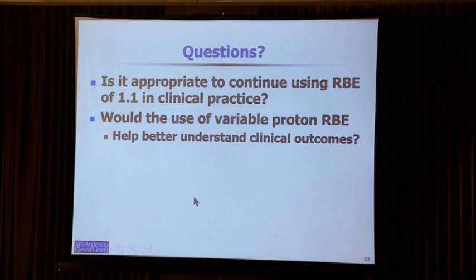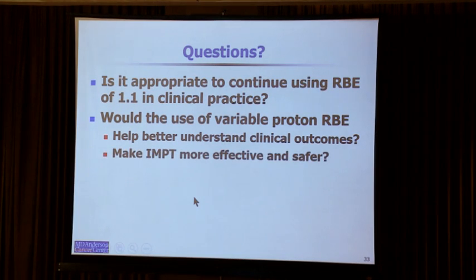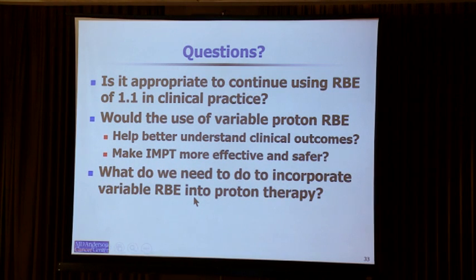Would the use of variable RBE, in other words an RBE that is more like what we see in the laboratory, help us better understand clinical outcomes? Would it make IMPT more effective and safer? And then what do we need to do to actually make that happen? How do we incorporate variable RBE into treatment planning of protons?